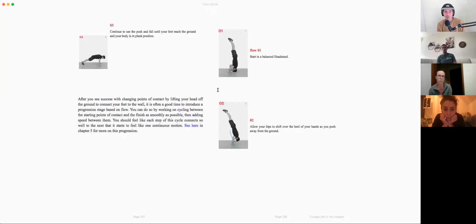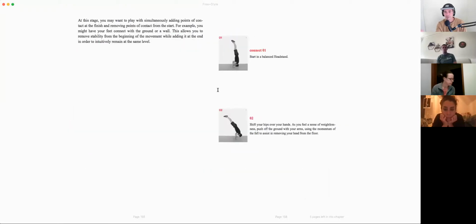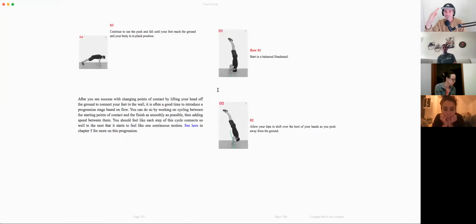So for example, in the case of the handstand push-up here, I'm standing on my head. The first thing I do is I shift my center of mass in relationship to my base support. That makes me fall. As I start to fall, my head, as you can see right here, comes off of the ground. My points of contact change. When my points of contact change, I have the option of falling all the way back down to the ground into a push-up position, as you can see on the left-hand side, or I can flow into a handstand push-up, which you can see on the bottom right here in figure 2.